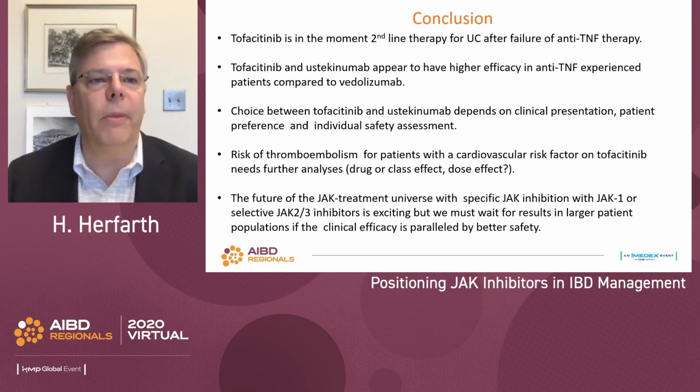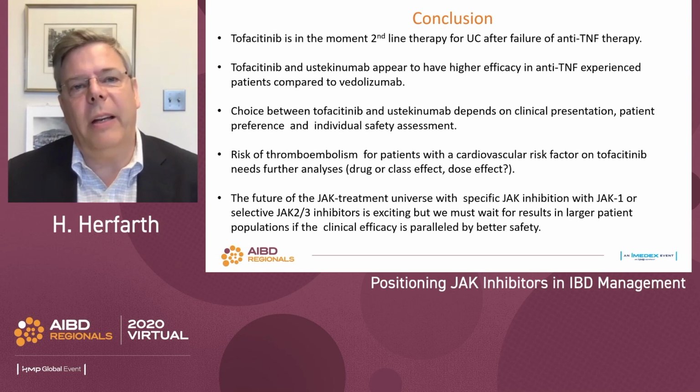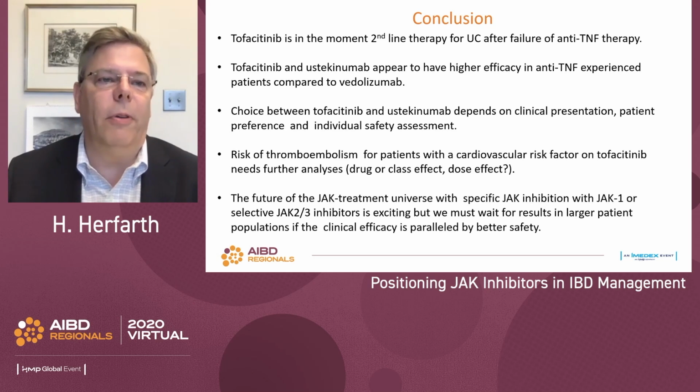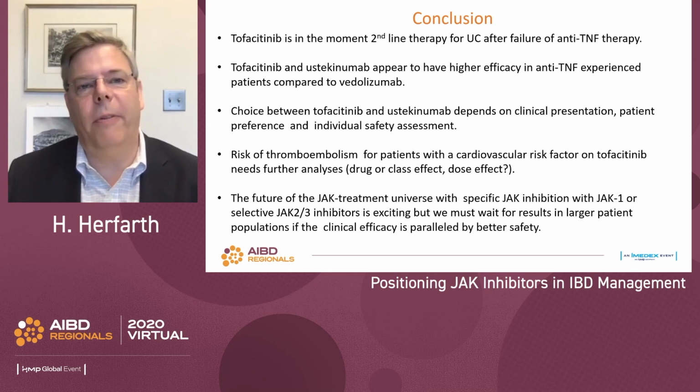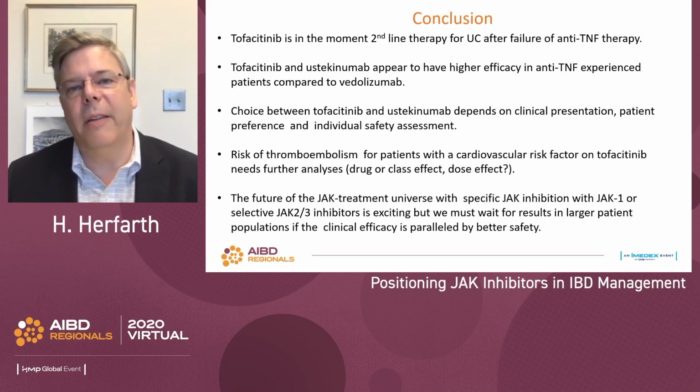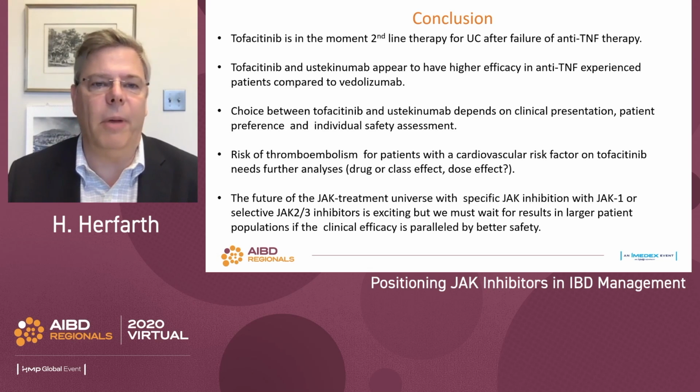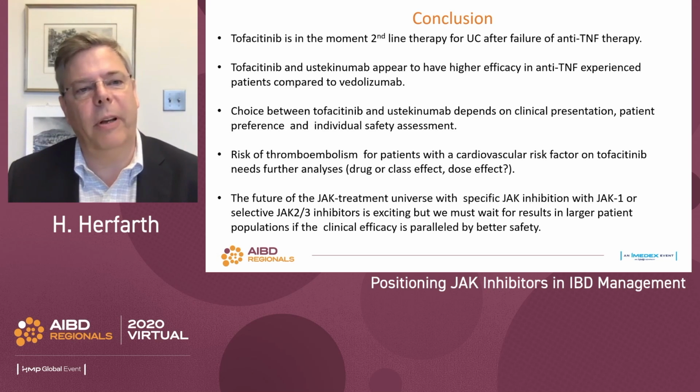So in conclusion, tofacitinib at the moment is a second-line therapy for ulcerative colitis after failure of anti-TNF therapy. Tofacitinib and ustekinumab appear to have a high efficacy in anti-TNF experienced patients compared to vedolizumab. The choice between both depends on clinical presentation, patient preference, including insurance preference, and individual safety assessment.